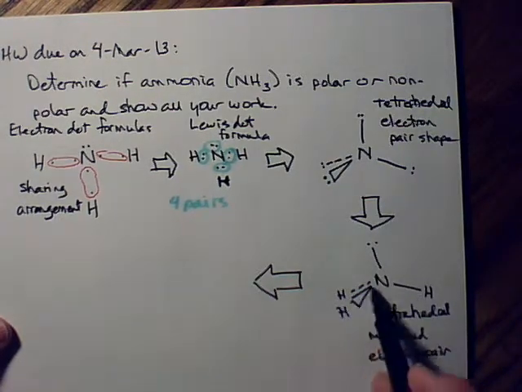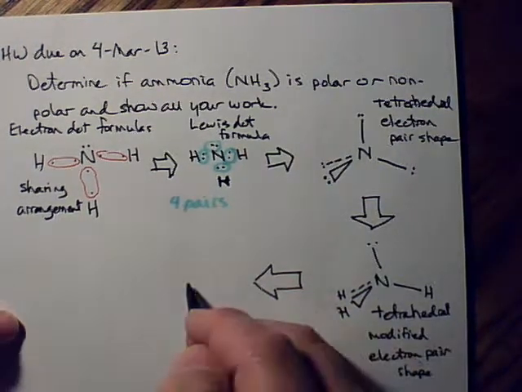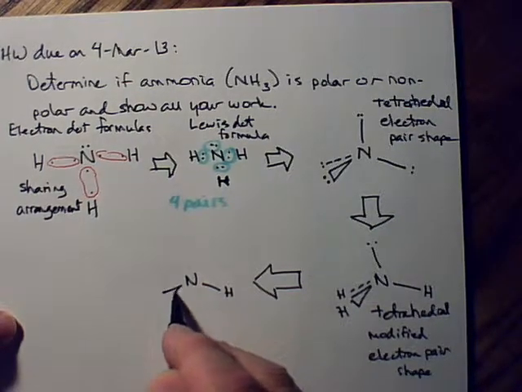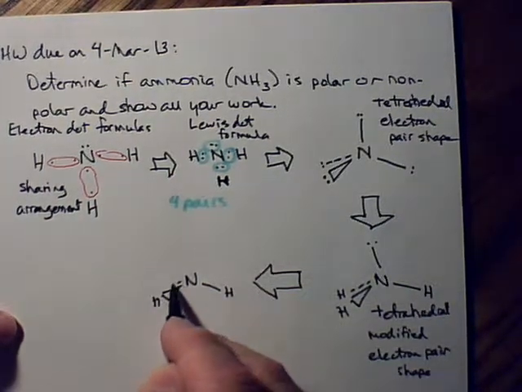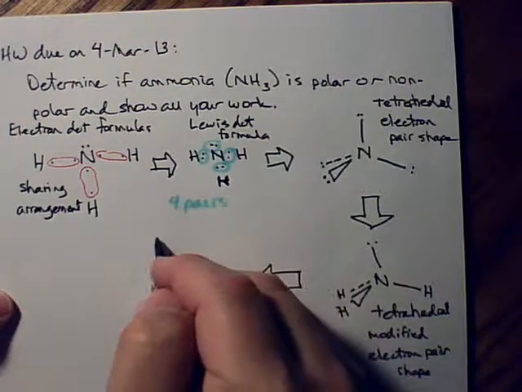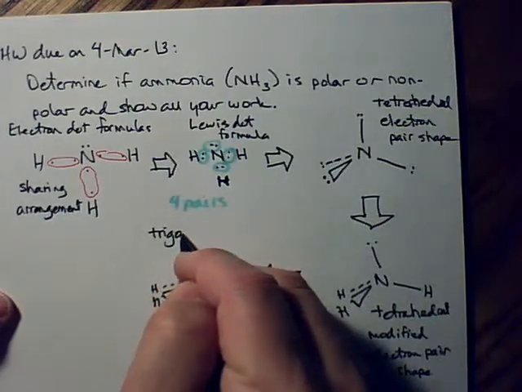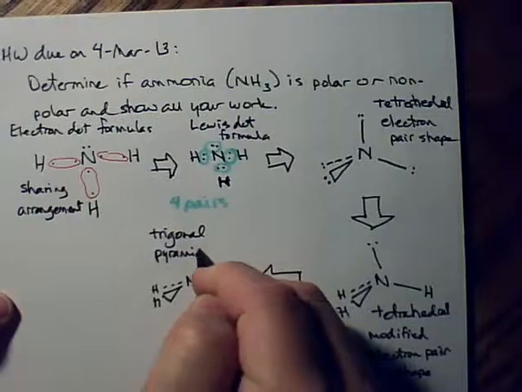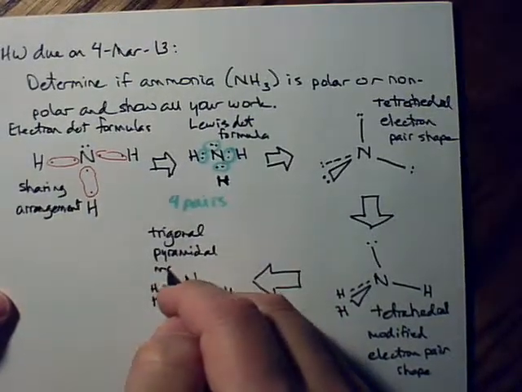It forms this trigonal pyramidal shape. So if you don't draw it exactly the same without the lone pair, then you're going to lose the points on the last step in the process. Okay, so this now is a trigonal pyramidal molecular shape.